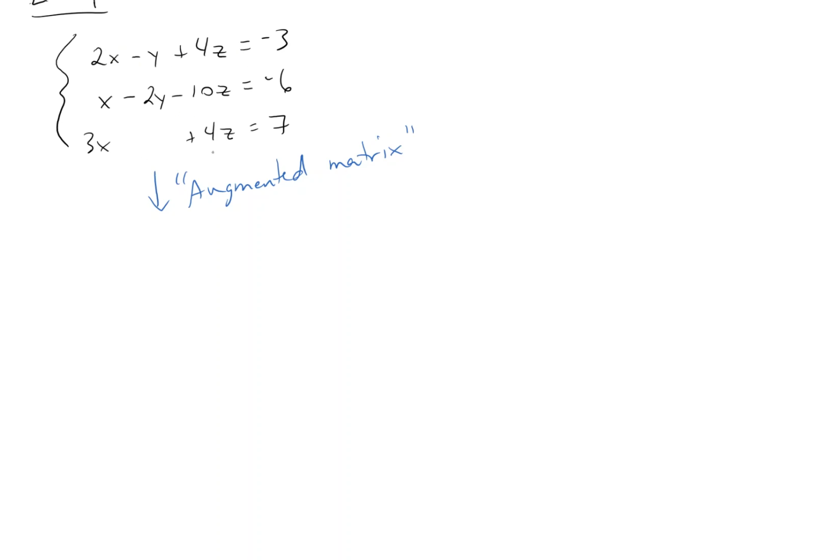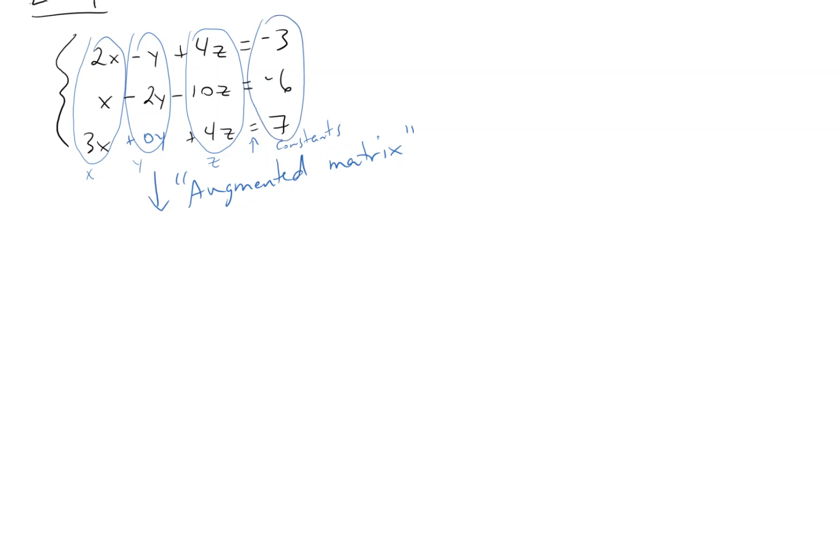To do that, you have to assume the system is written a certain way. We need all of our x's in the first column, all of our y's in the second column, which, by the way, is the same thing as plus 0y, all of our z's in the third column, then your equals, and your constants in the fourth column.